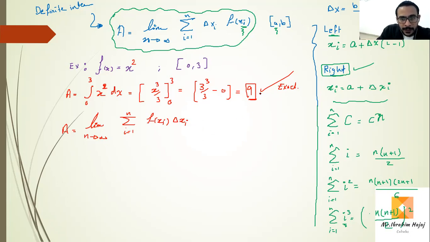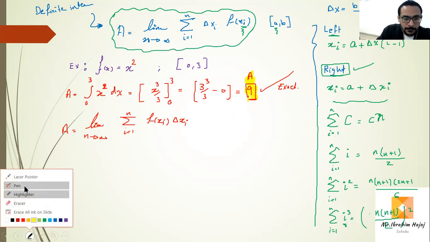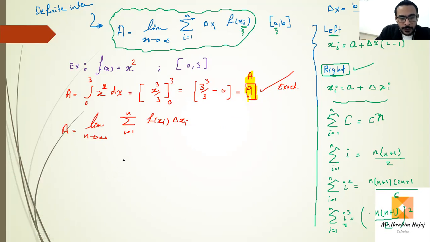This is the area, and it's 9. So let's start first. We have the limit as n approaches infinity of the summation, i equals 1 to n, of f of xi delta x.